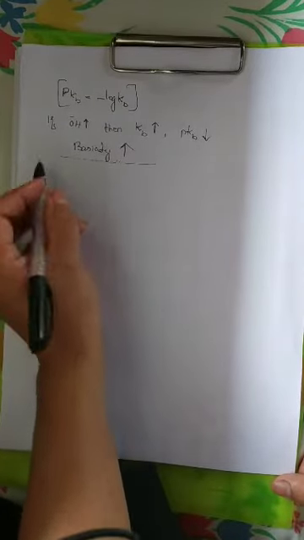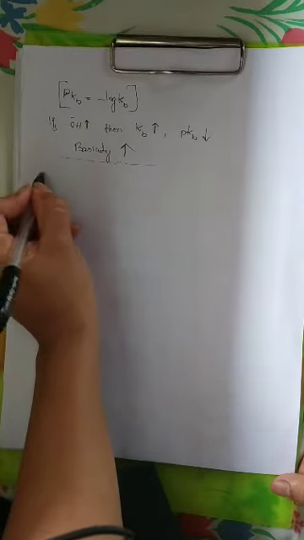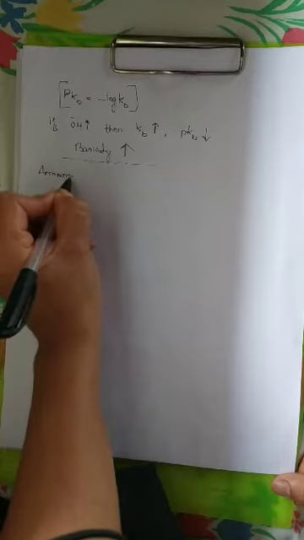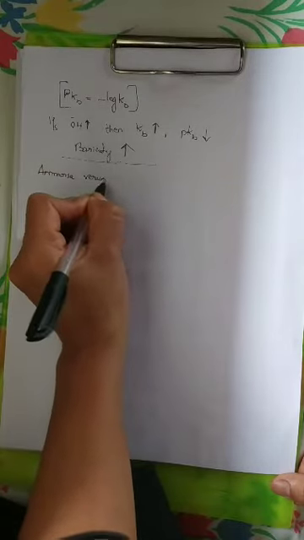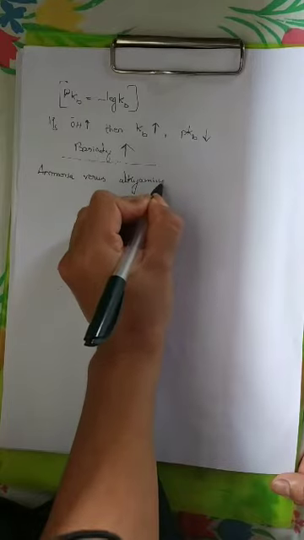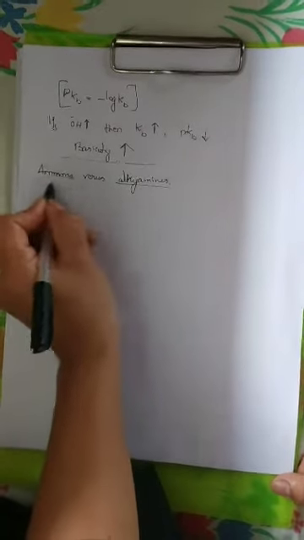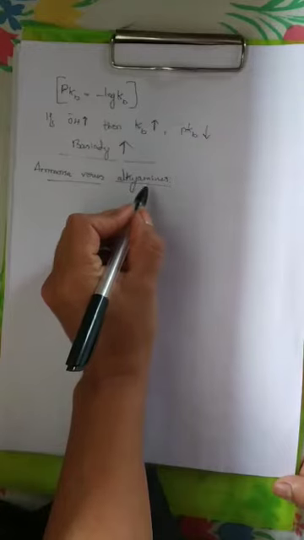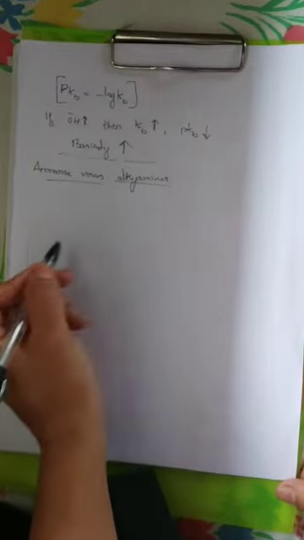Therefore, taking this equation into consideration, let us compare the basicity of ammonia versus alkyl amines. In this comparison, alkyl amines means it will be common for all the three amines, that is the primary, secondary, and the tertiary amines.